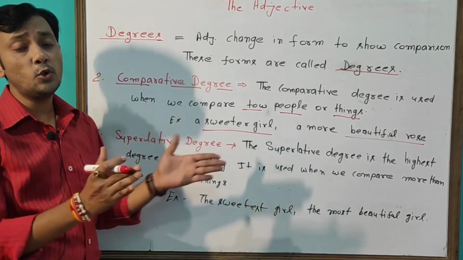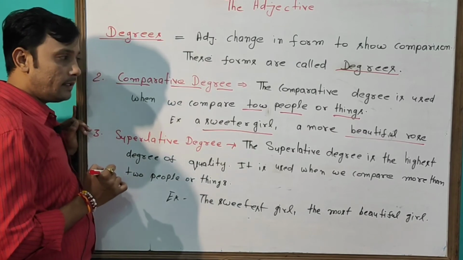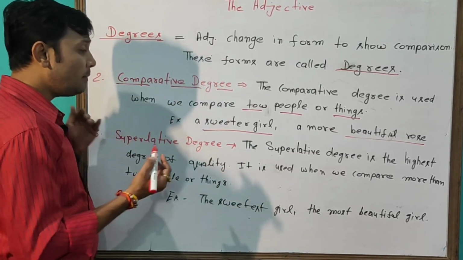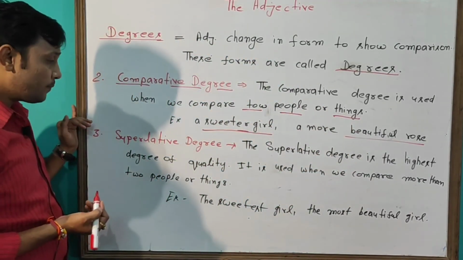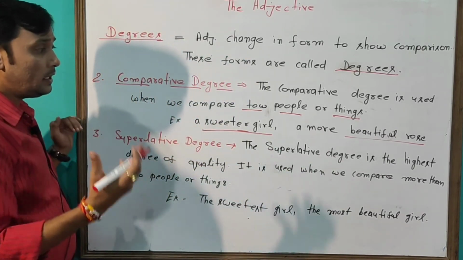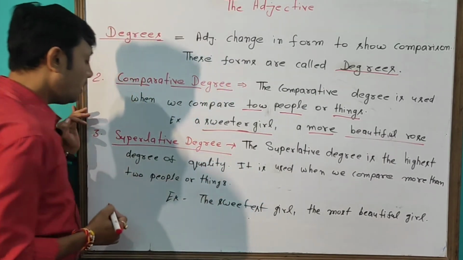Mostly the comparative degree is made by adding er or more. Er or more.